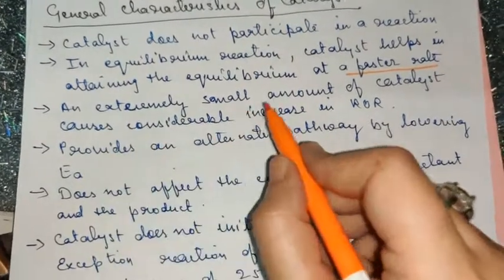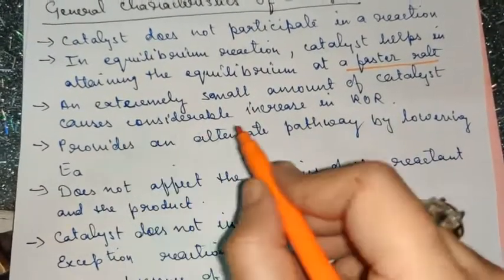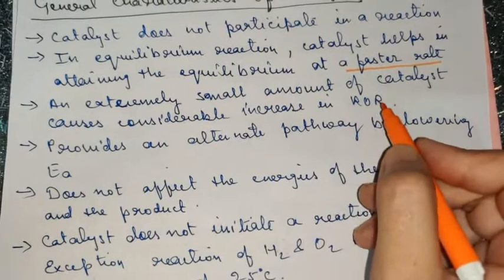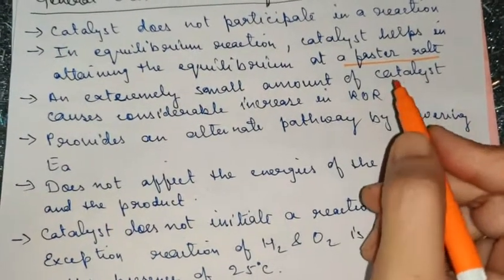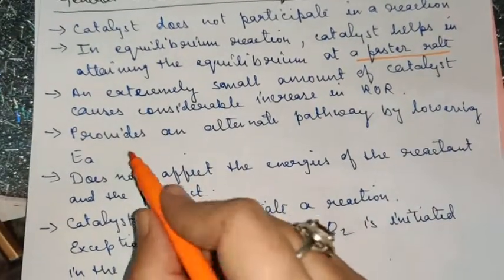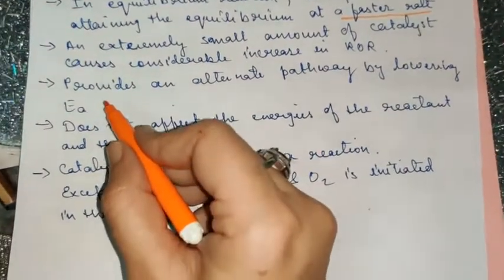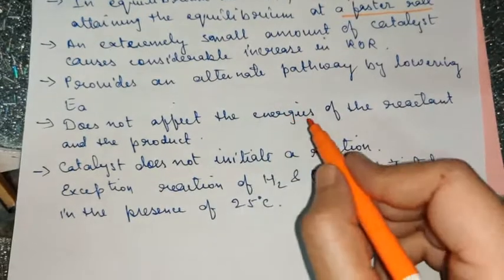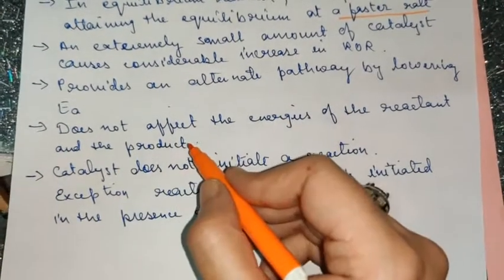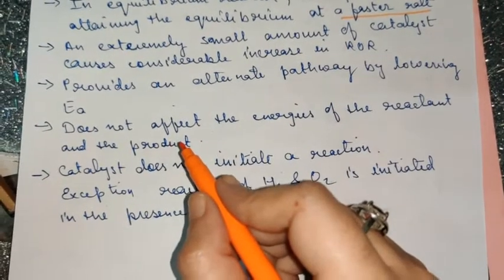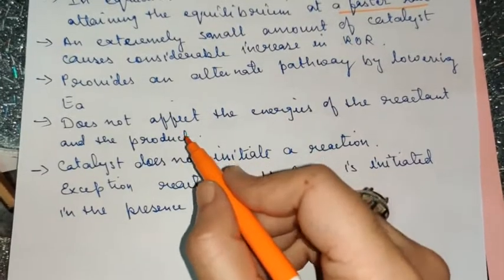An extremely small amount of catalyst causes a considerable increase in the rate of reaction. That means a catalyst is needed only in small quantity. It provides an alternate pathway by lowering the activation energy, an already discussed point, and does not affect the energies of the reactant and the product, as you saw in the graph that I discussed in the chemical kinetics chapter.